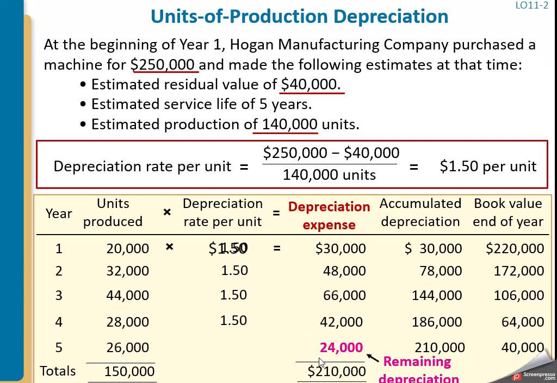We really may do more or less than that. So we just want to make sure that our final year we end up at the 40,000. So that's why this 24,000 is in pink, because it isn't just the 26,000 times $1.50. It's saying this is where we have to stop because we want our 40,000 to be in our salvage value.